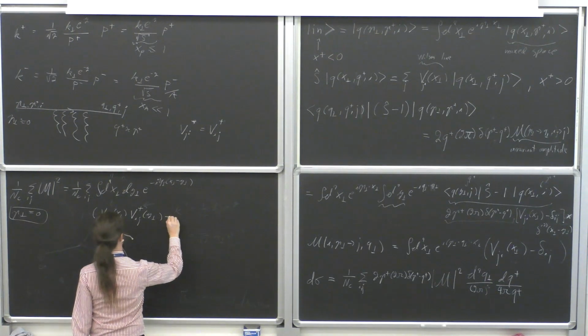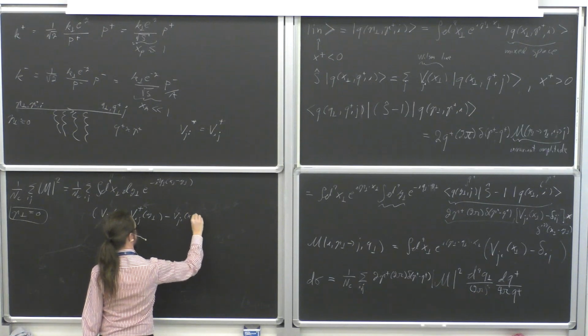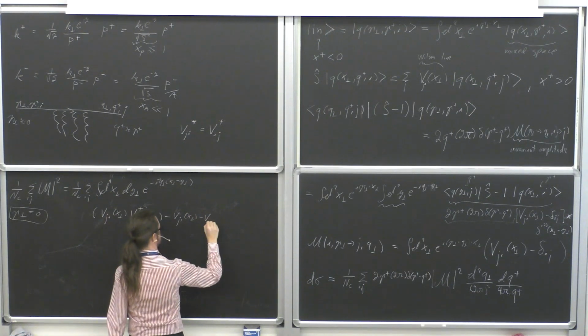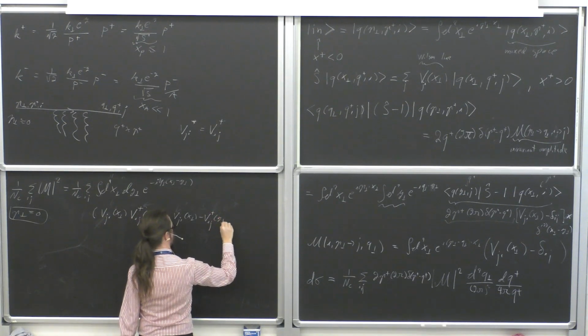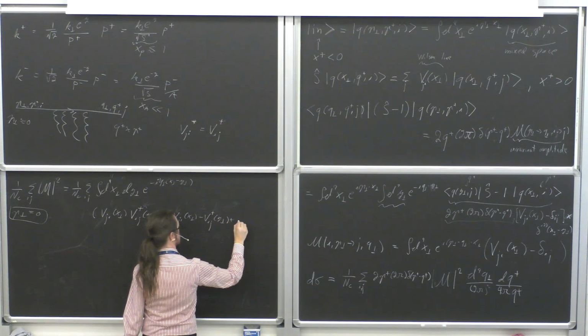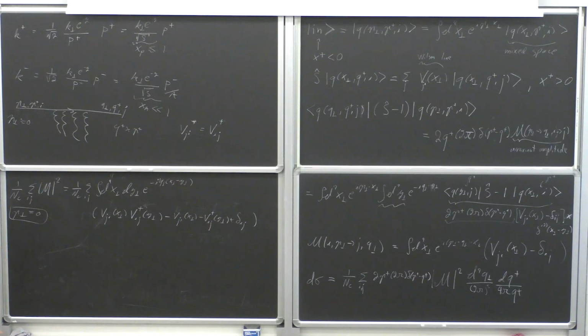It is just minus V_ji at x perp, minus V dagger_ij at y perp, plus delta_ij, right? Good. So 2 terms with a minus sign, I square, I get 4 terms.